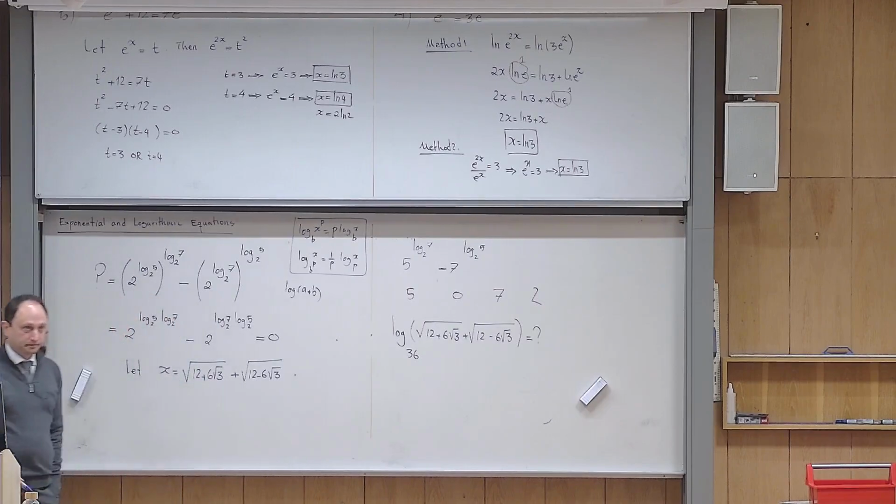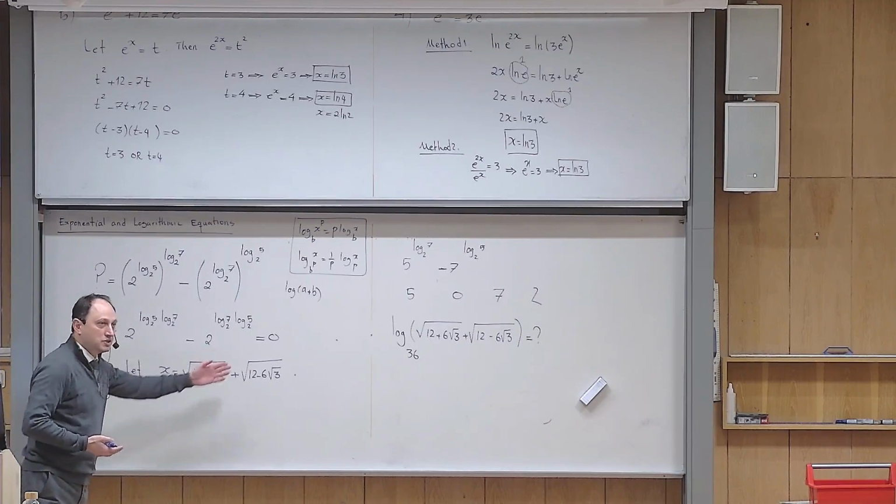How can this help me? I don't think this will. What do you think I will do next? Because the main obstacle in front of me are these big square roots.